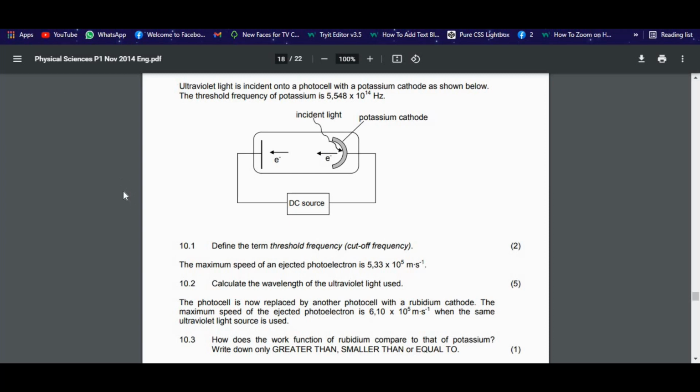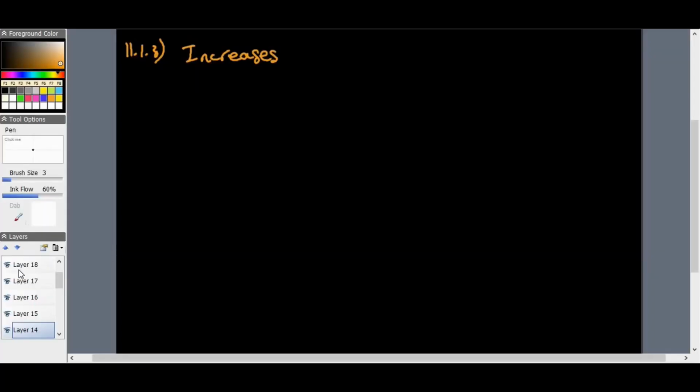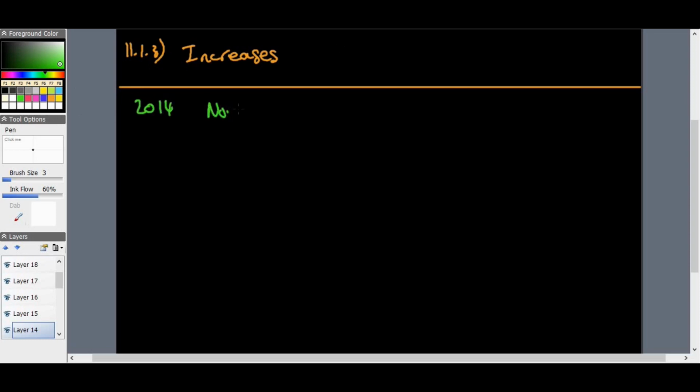Okay, let's go through. Define the term threshold frequency or cutoff frequency. So basically we should understand, if I paraphrase it quickly, it's basically the minimum, so it's not the maximum. The only definition that has the word maximum in it is cutoff wavelength. Okay, so this is 2014 November, paper 1. This question 10.1, it's the minimum frequency.